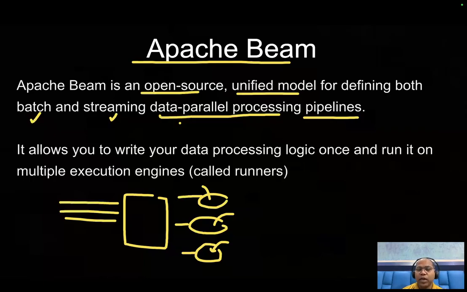Apache Beam is designed so that when your data is very large or real-time streaming, it can be processed in parallel. That means the processing happens on multiple worker nodes at the same time.